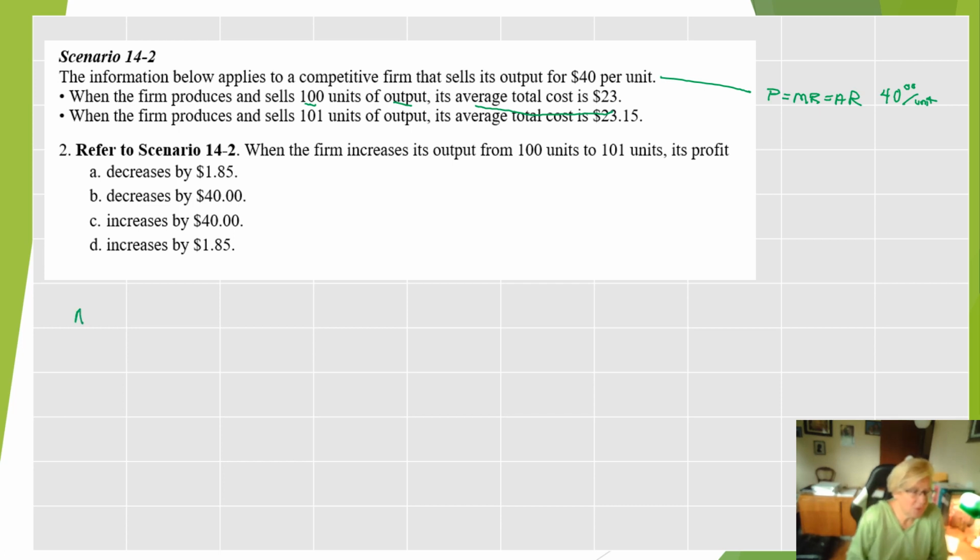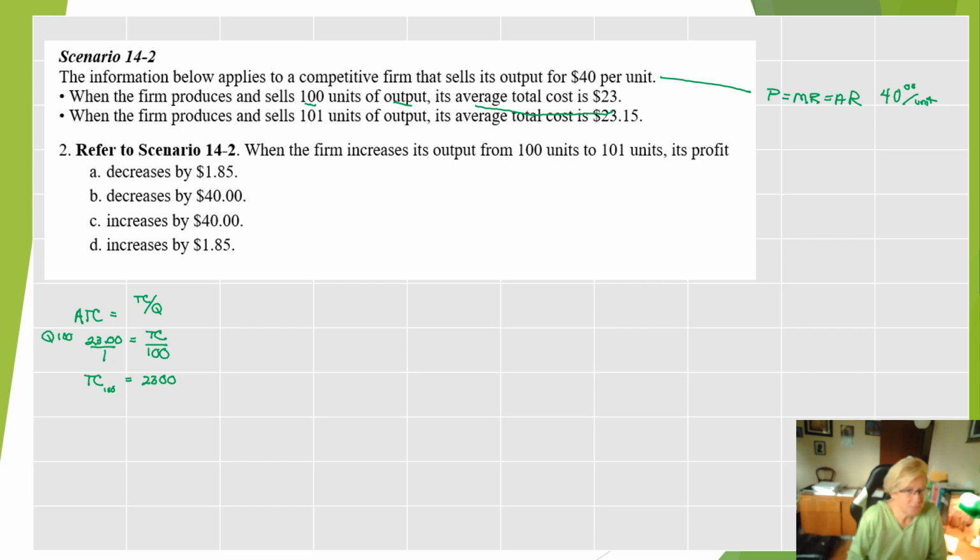So average total cost is equal to total cost divided by quantity. Here they're telling us at a quantity of 100, our average total cost is $23. We're trying to solve for total cost, and our quantity is 100.